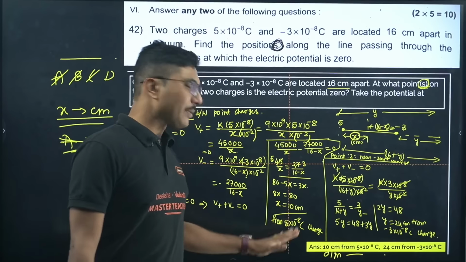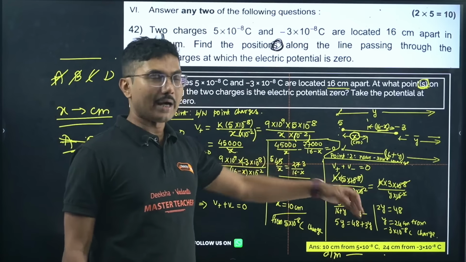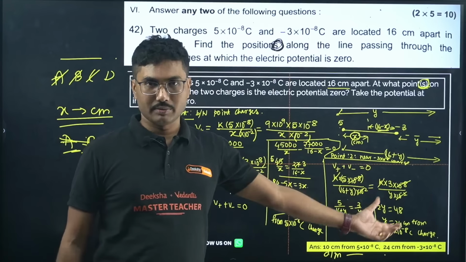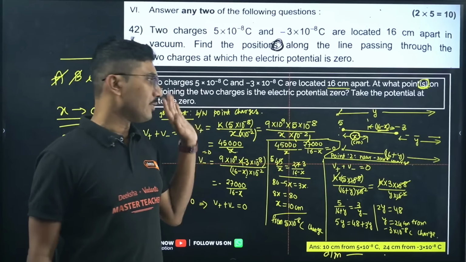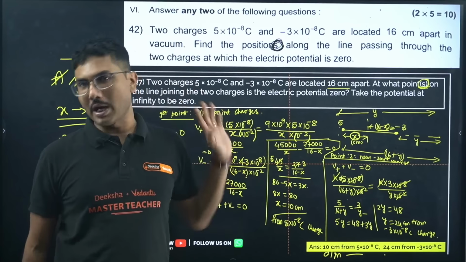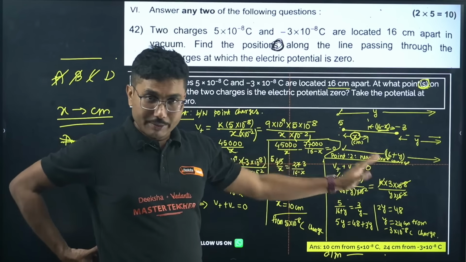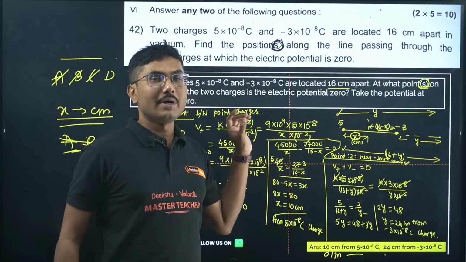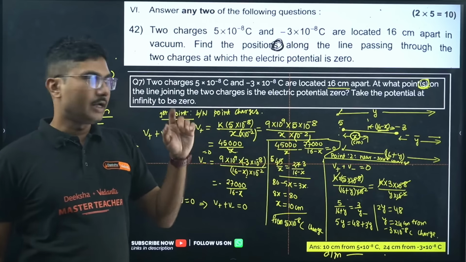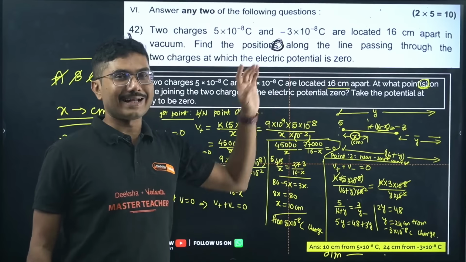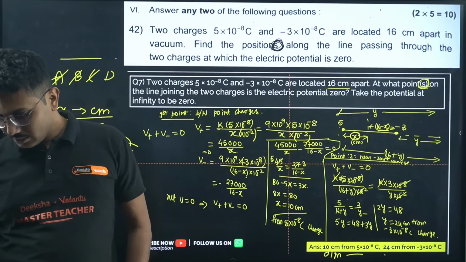If you have done one part correct and made some mistake in the second part, you can get 3 plus 1. At least one part has to be correct. If none of the parts is correct, maximum 2 marks you can get. If you have done both parts but made mistakes in both, then 2 marks. If you have done one part completely correct and made a mistake in the second part, you will get 4 marks. Okay, FFP.